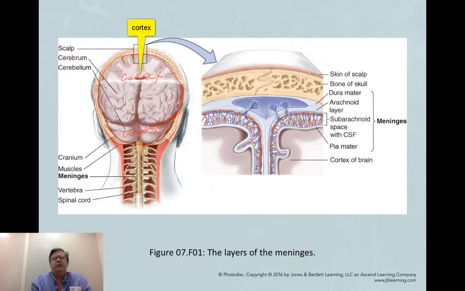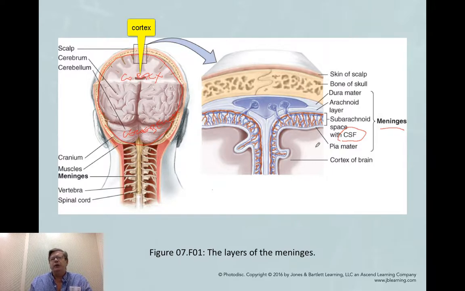You've also got in this image some examples of the protective layer of the brain, which is the meninges, and we looked at these in the previous lecture. The meninges is a collective noun for the dura mater, the arachnoid layer, the subarachnoid space, including cerebrospinal fluid, and the pia mater.